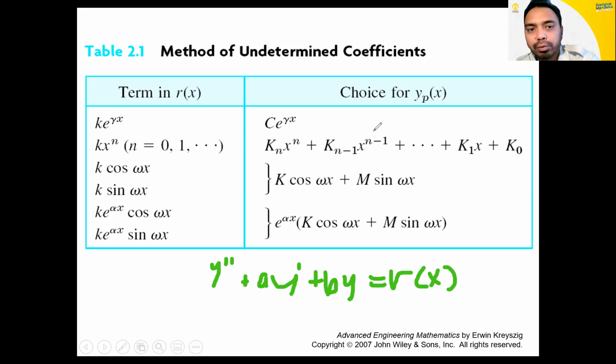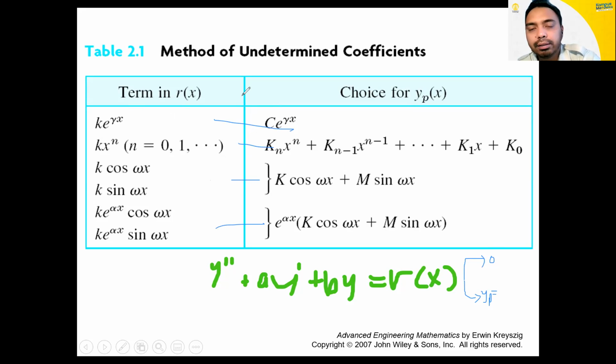So you're going to have two solutions from here. First, you need to find the solution where this is equal to 0. And second, for R(x), you have y_p equal to a combination of this. That's called the method of undetermined coefficients.